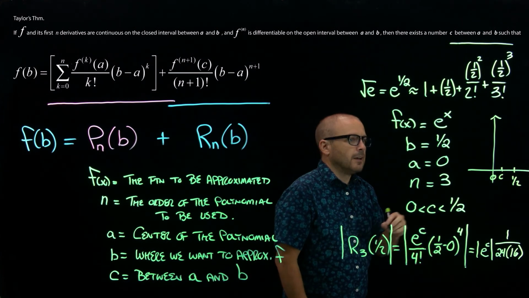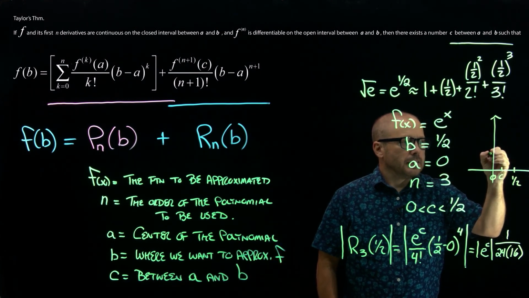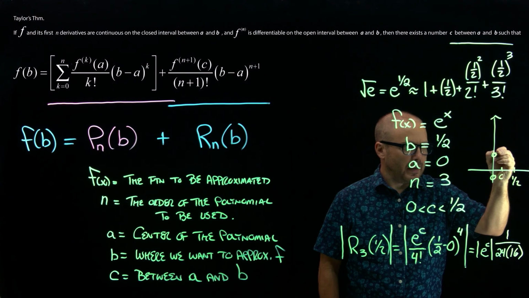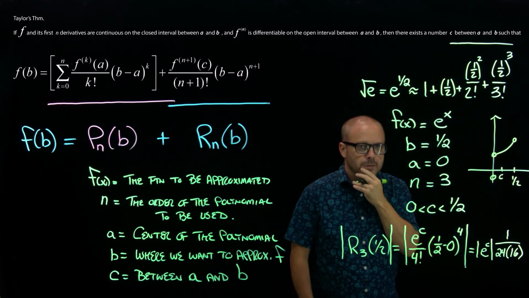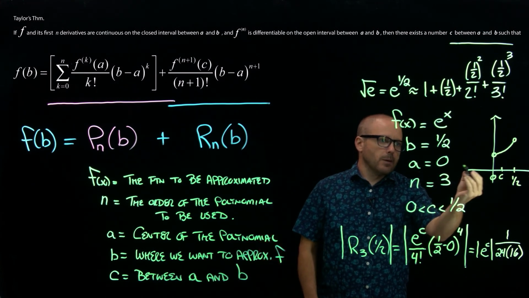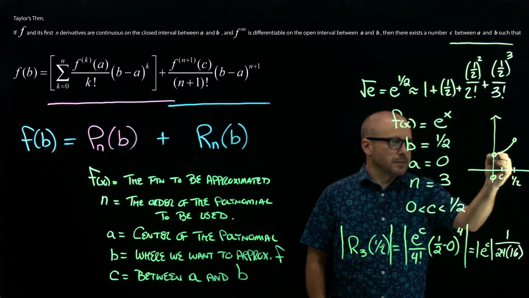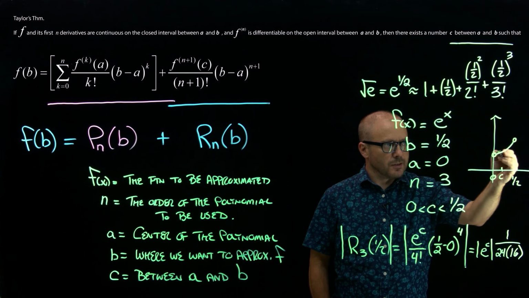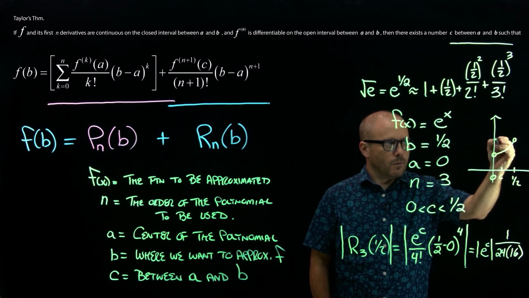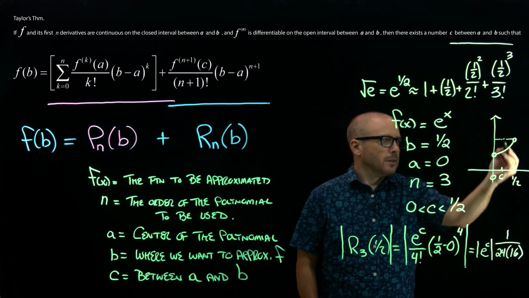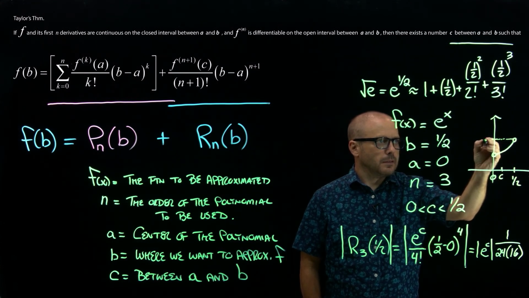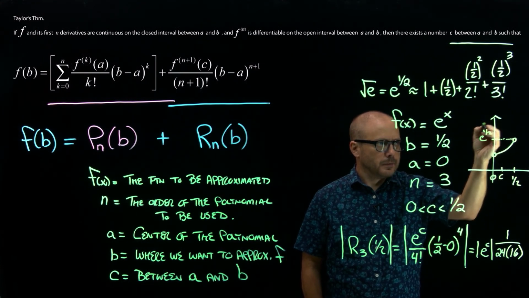I know what e to the x looks like. From 0 to a half, it's increasing. So c is somewhere in here, and e to the c is at the height of this curve somewhere. Well, wherever it is, it's less than that. The highest point there would be at e to the half.